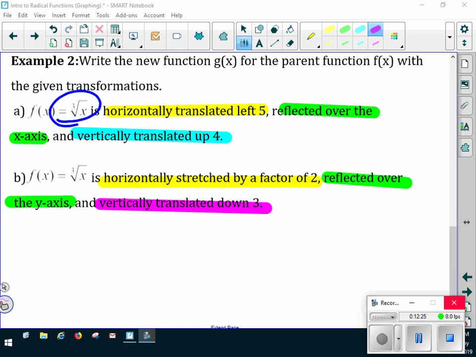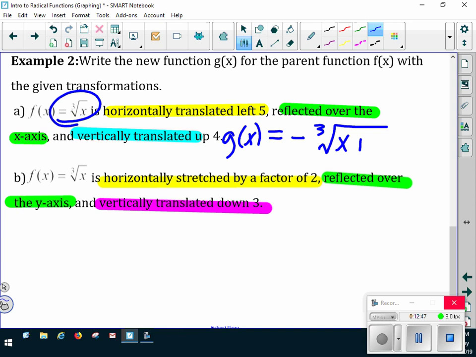Let's talk about this first function. We probably don't want to write with a highlighter. G of x equals, all right, Danny, what kind of equation did you get? Tori, do you agree?